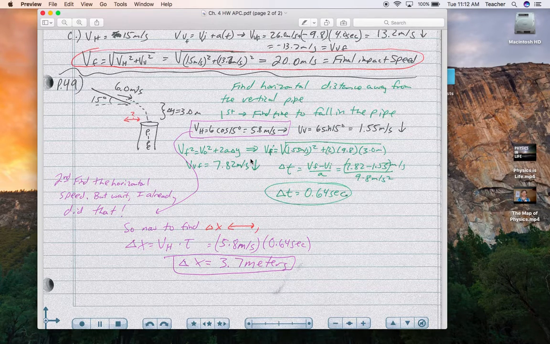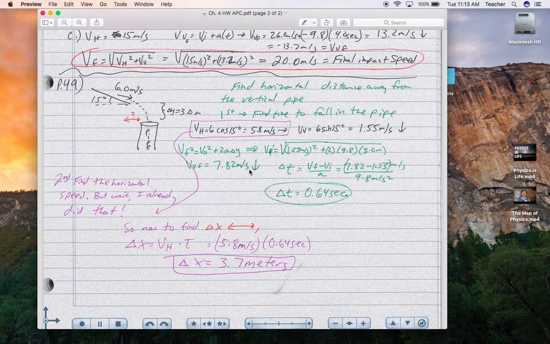So if it's got 3 meters to go, which I'm calling delta y, we know gravity is going to cause it to accelerate still, and it had an initial velocity. That'll allow me to find a final velocity right before it enters the pipe, and then I can use change in velocity over acceleration is equal to a time interval to figure out the time that it takes to get into the pipe.